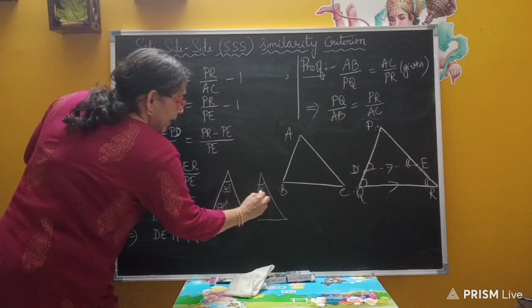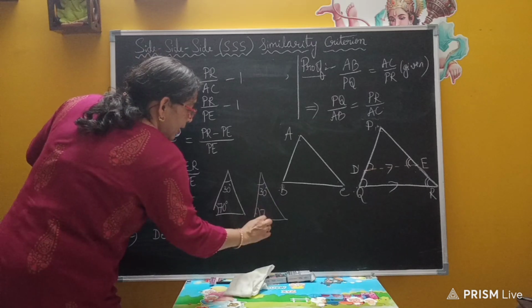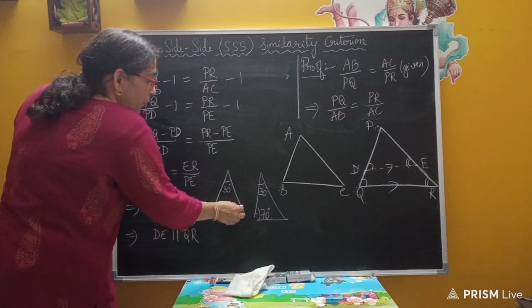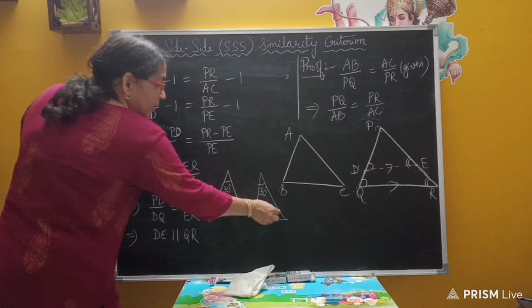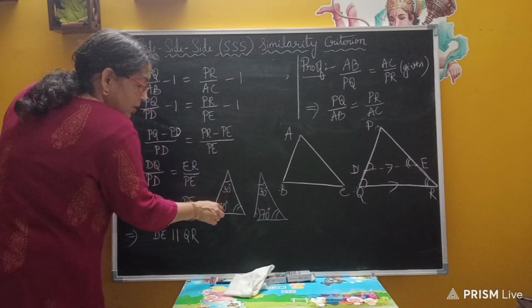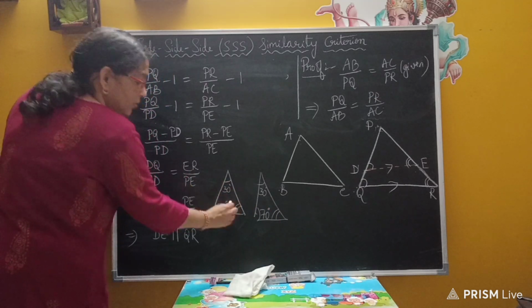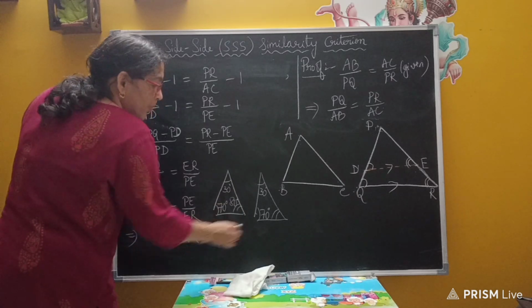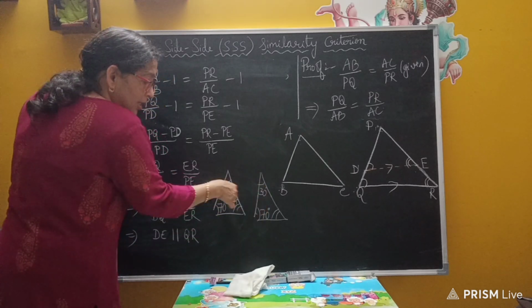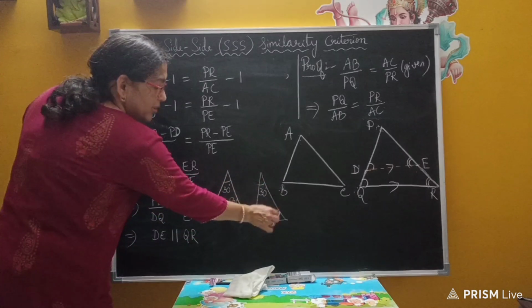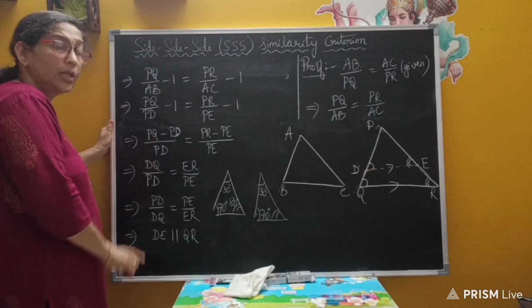Now corresponding angles, here also 30 degrees and here it is 70 degrees. What about these angles? They must be equal, no? Because 70 plus 30 is 100, and 180 minus 100 is 80. So this would be 80 degrees. Here also the corresponding angles are equal, 70 and 30, so this must be 80 degrees.